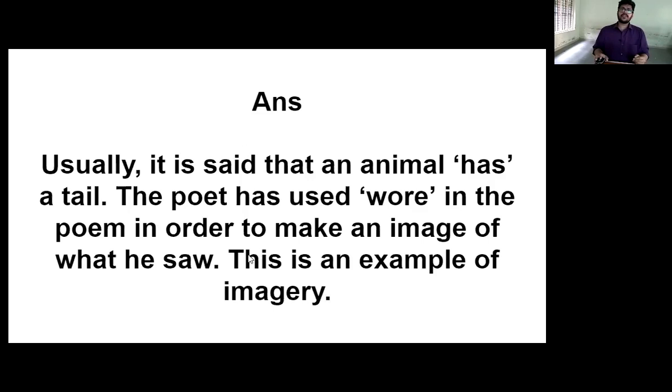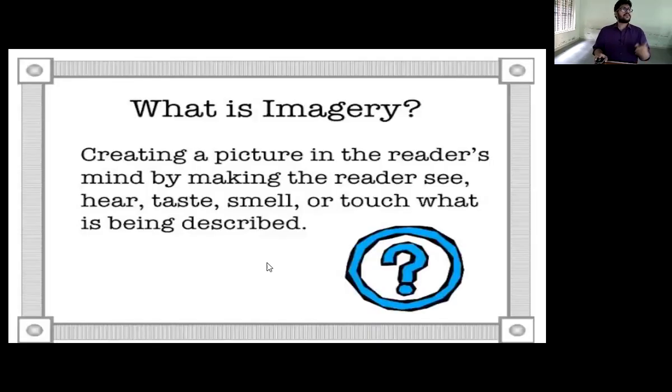What do you mean by imagery? Let's have a look at the imagery. What is imagery? Creating a picture in the reader's mind by making the reader see, hear, taste, smell, or touch what is being described. So actually imagery means the poet trying to create a picture in the mind of the readers by making the reader see, hear, taste, smell, touch.